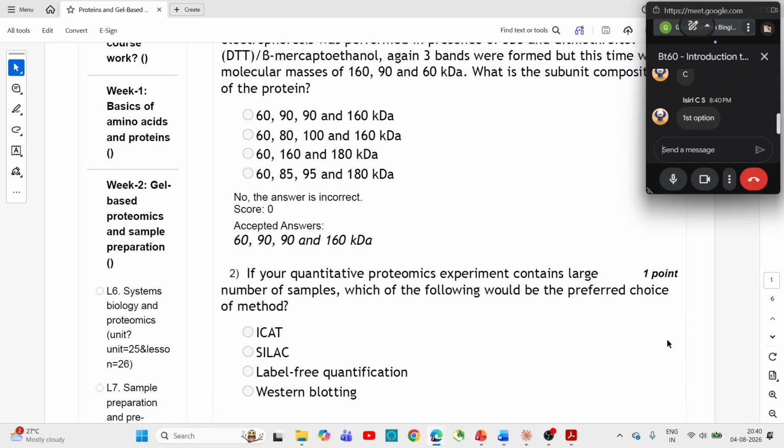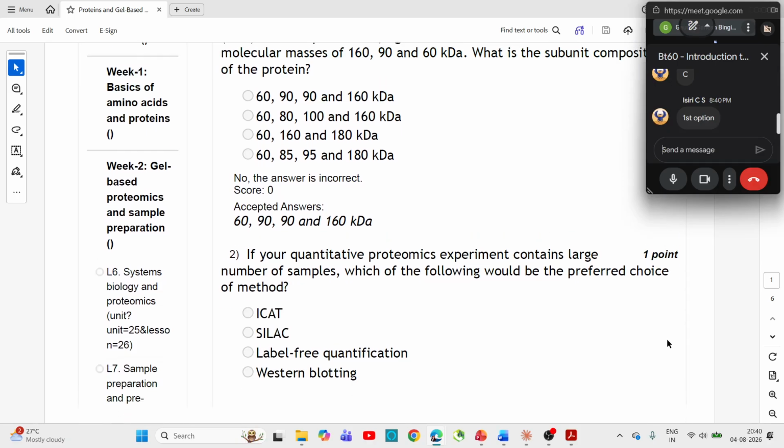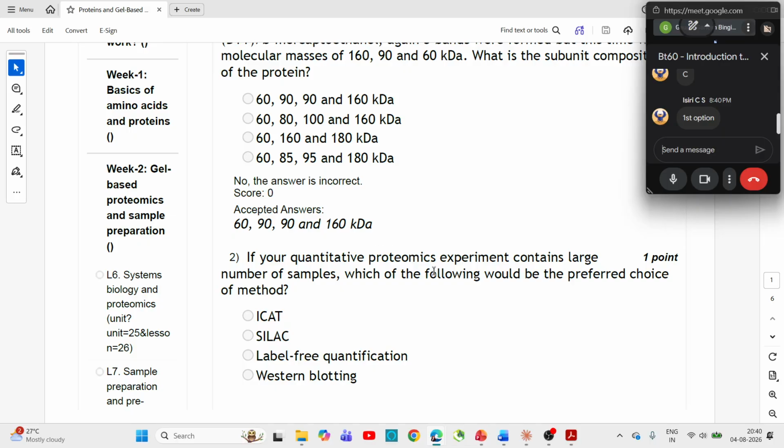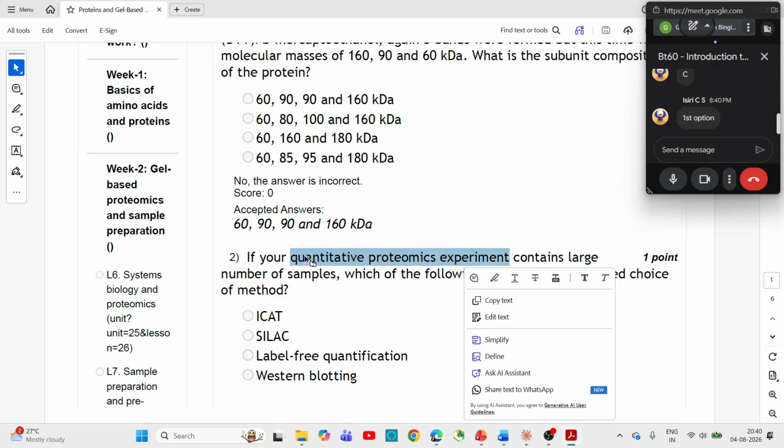Okay, we didn't do this, so I'll just skip this. But still, if you want a quantitative proteomics experiment, the preferred choice for a large number of samples would be, so you need to quantitate as well, quantitative proteomic analysis, not just qualitative.